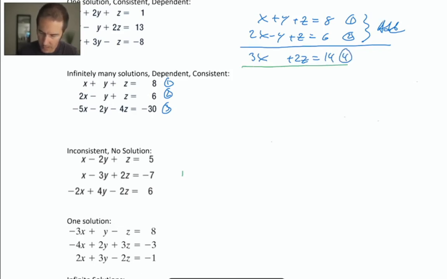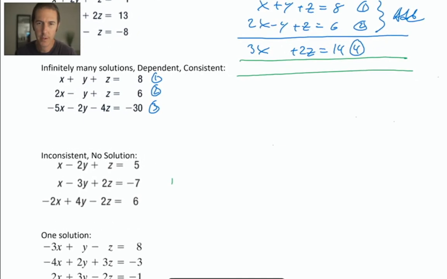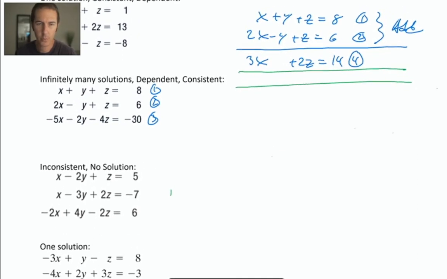And then we'll skip a line in our notes. And next, we're going to eliminate y again for sure, because we always eliminate the same variable twice. This time, I'm going to choose a different pair of equations. We used 1 and 2 before. Let's use 1 and 3, but I'm going to multiply equation 1 by 2, so that we have 2x plus 2y plus 2z equals 16.